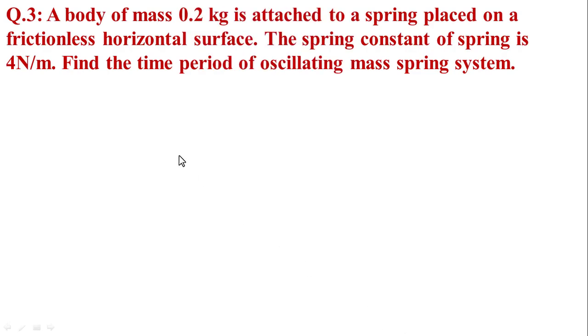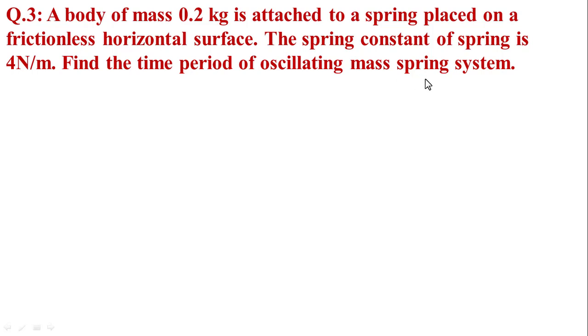Now, in question number 3, given data and according to the statement: a body of mass 0.2 kg is attached to a spring placed on a frictionless horizontal surface. The spring constant of the spring is 4 Newton per meter. Find the time period of oscillation of the mass spring system.